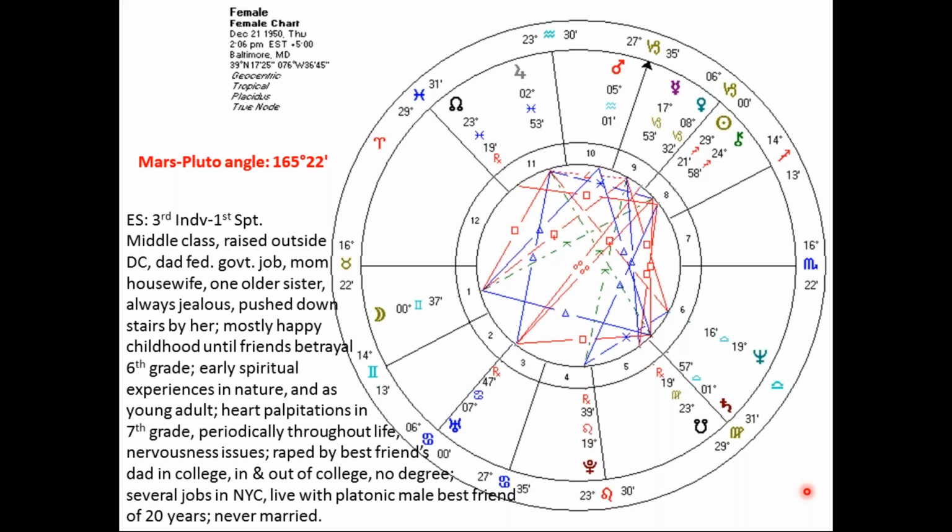The history from Jeffrey Wolf Green's method is that when Jeffrey was doing his research back in the day, looking at 15, 20,000 charts, he found that Porphyry house systems did a better psychological description than Koch or Placidus.